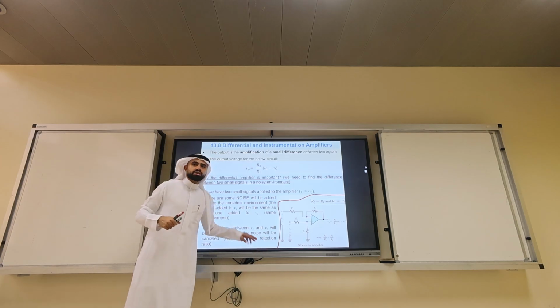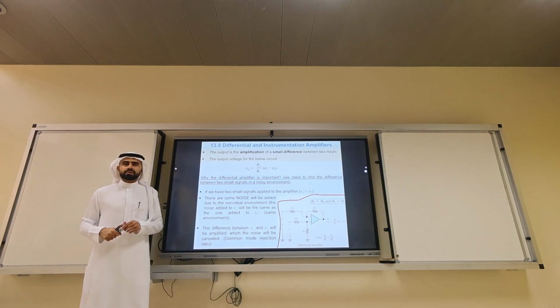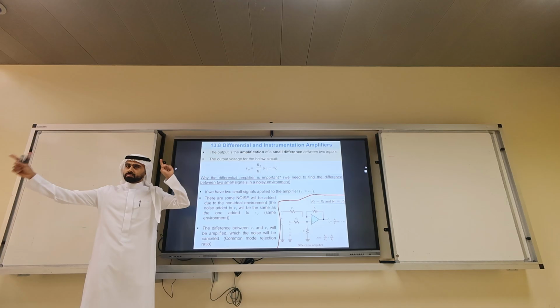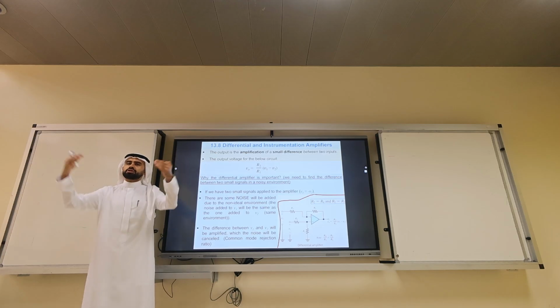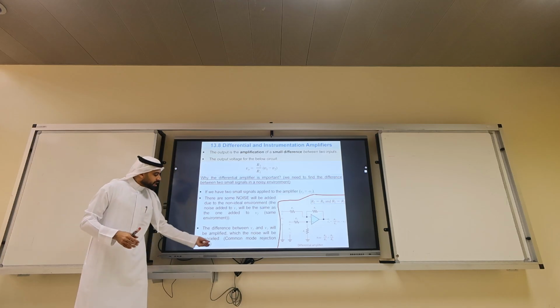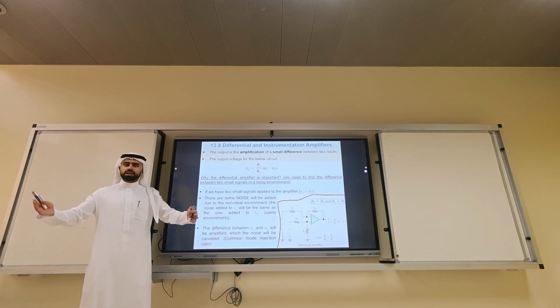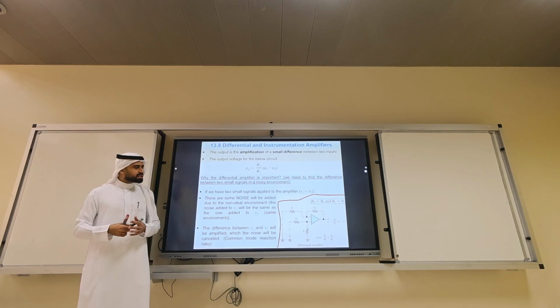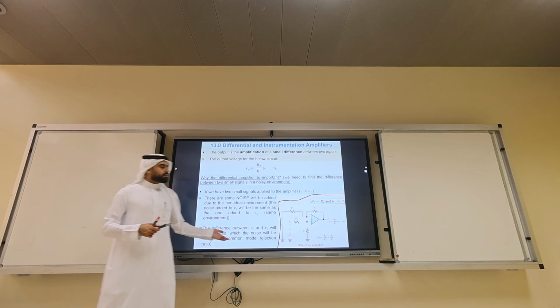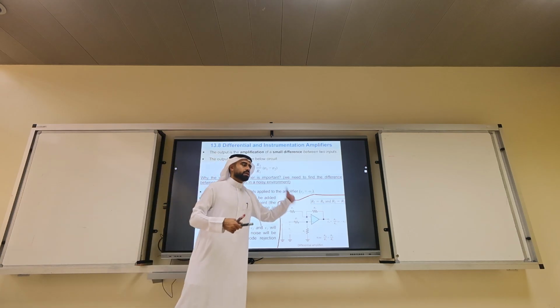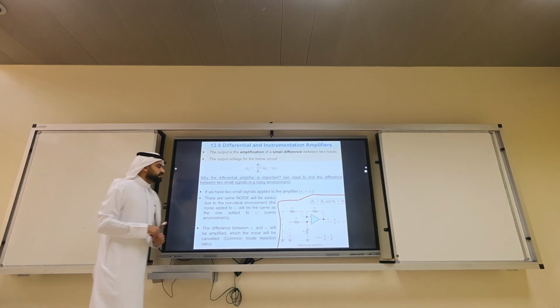Rejection: what does rejection mean? If you subtract the common noise, you're rejecting it. And ratio is how much you're rejecting that noise. There are highly sensitive sensors and low sensitive sensors. If the amplification ratio is high, you can reject more noise and vice versa. Okay?